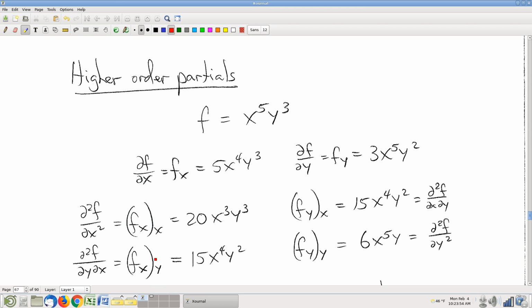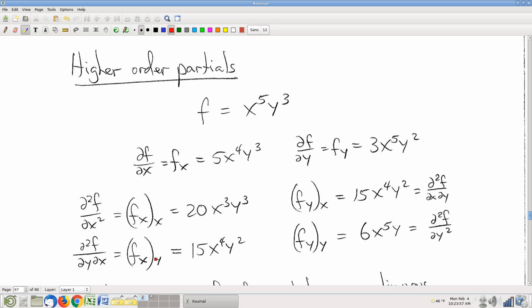Another comment about notation, let's look at this one here, for example. Notice there's kind of a notational speed bump. Using the Newton notation, we took the x partial first, and then after that, we took the y partial of that result.